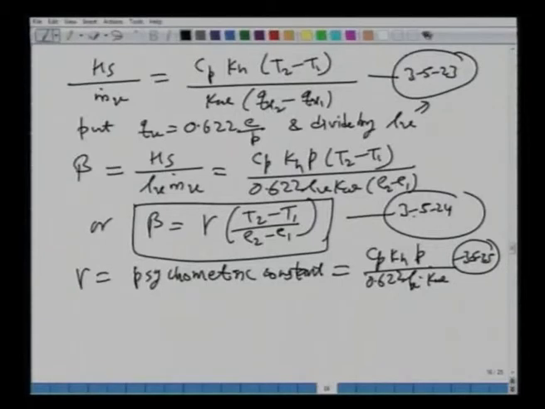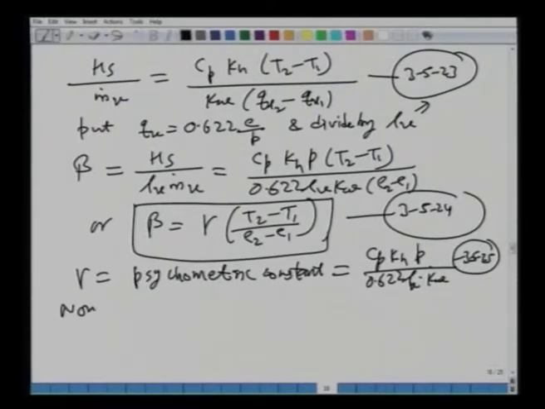So, what we have done is we have gone around the two physical processes, and then we have estimated H s in the form of Bowen ratio, okay, which has come out to be given by this expression 3.5.24.